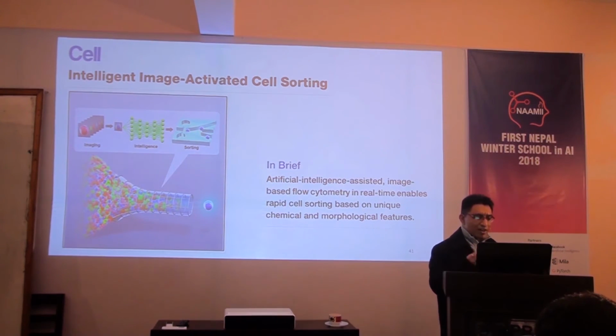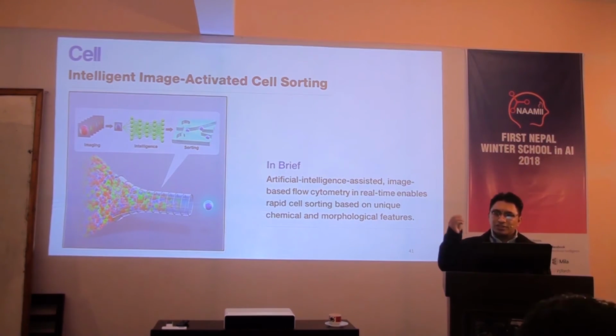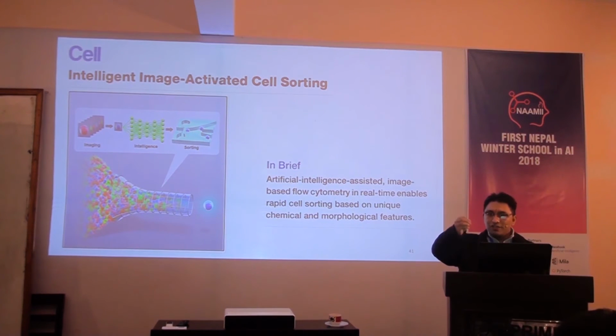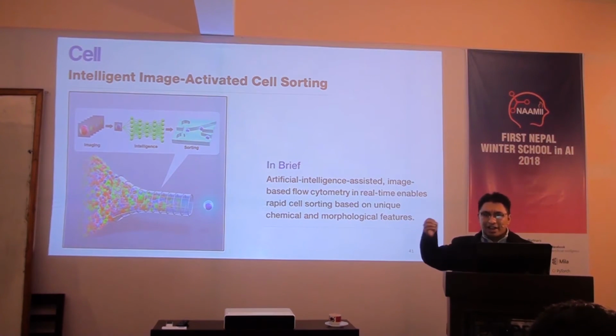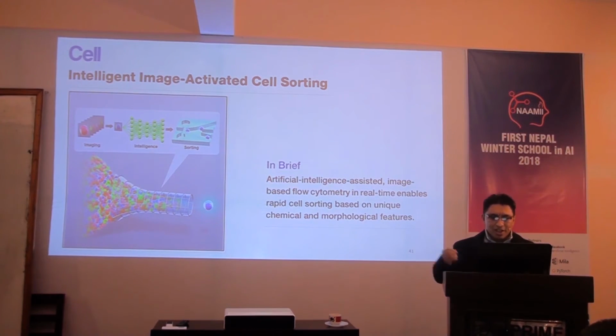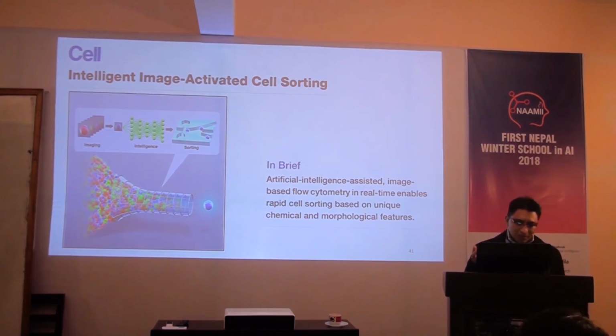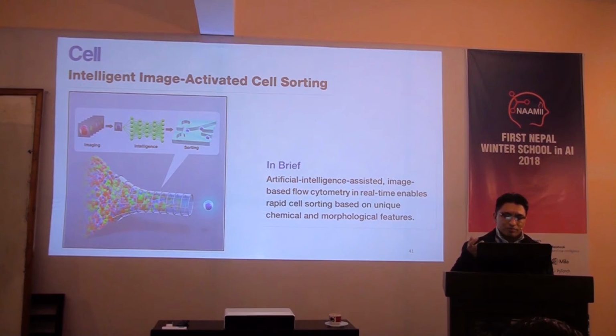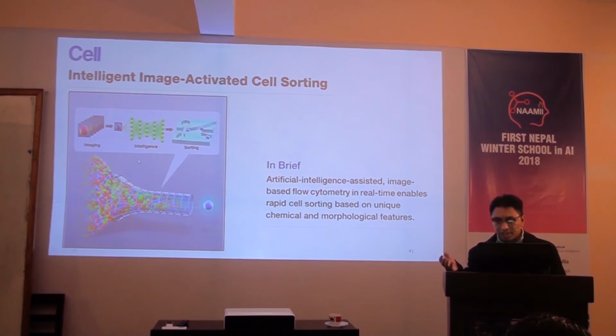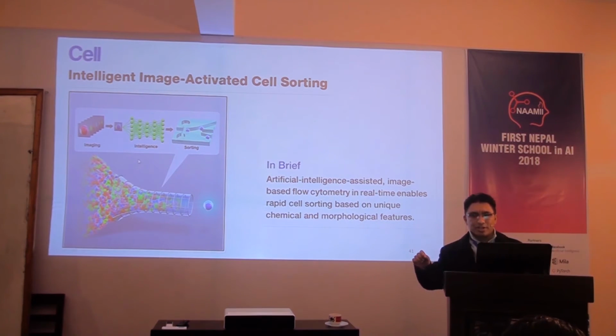And biologists are interested in identifying individual cells at a time, and they want to separate these cells based on, let's say, the images. This group constructed some deep neural networks to sort out the individual cell types.